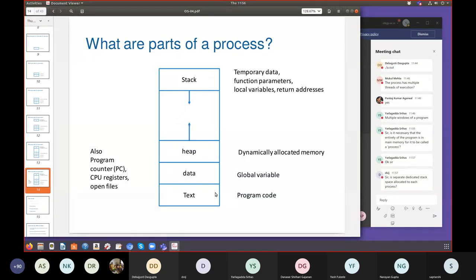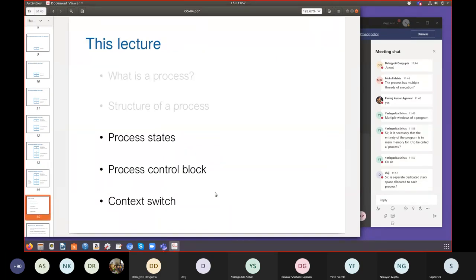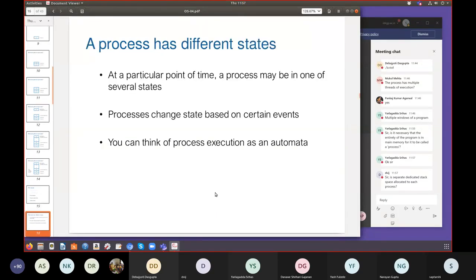Now, just let me give you a peek into what we are going to discuss tomorrow. A process can be in many different states. At a particular point of time, a process may be in one of several states, and processes change state based on certain events. This might seem familiar to you, like what you have read in an automata course.